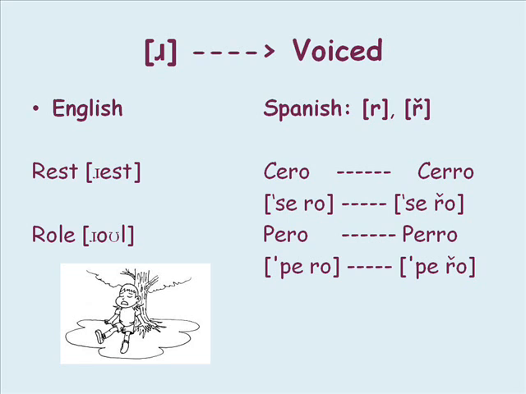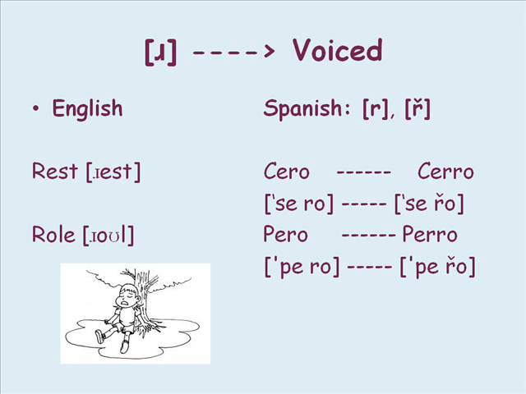Thus, if there is only one R, we pronounce cero, pero. But if there are two, the pronunciation of the word changes and becomes cerro, perro, and the phonetic symbol also suffered a modification. This last sound is not pronounced in English.